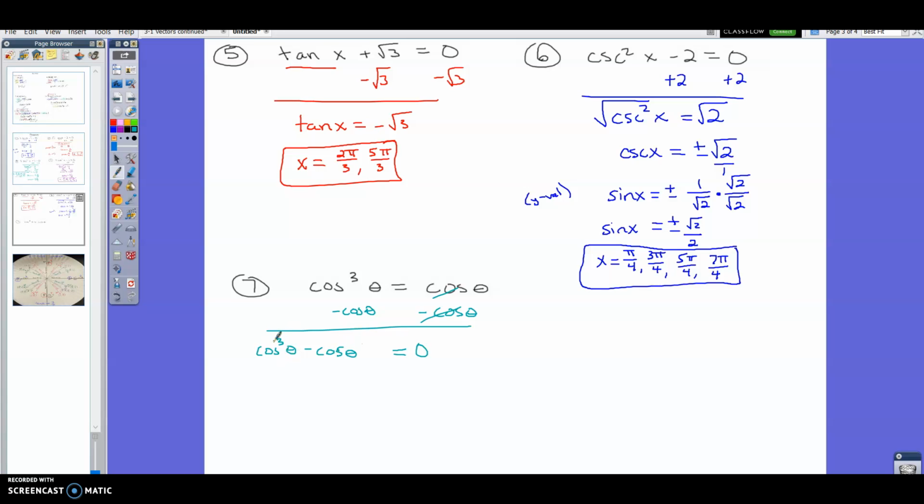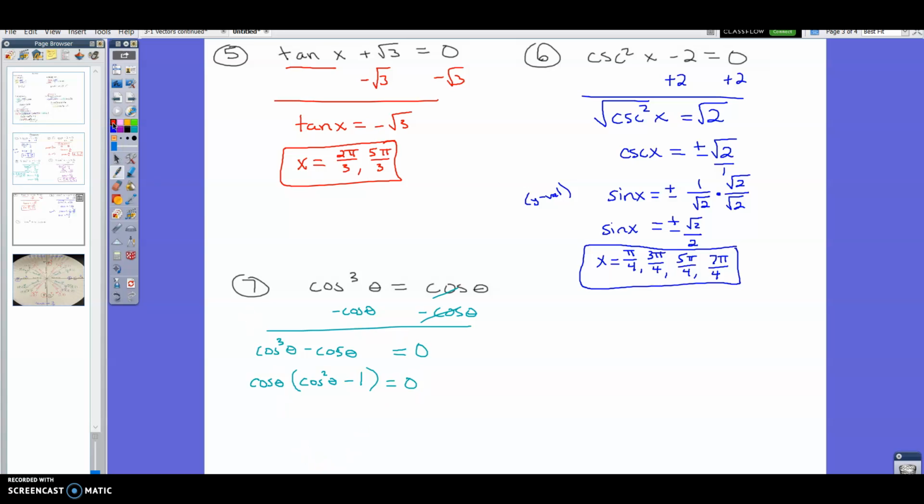Now notice that we have a cubed and a cosine. So we can't subtract these to say cosine squared because the powers are different. So what we're going to have to do on this one is look at what both terms have in common. These both have a cosine, so we can factor that out. We'll be left with cosine squared theta minus 1.